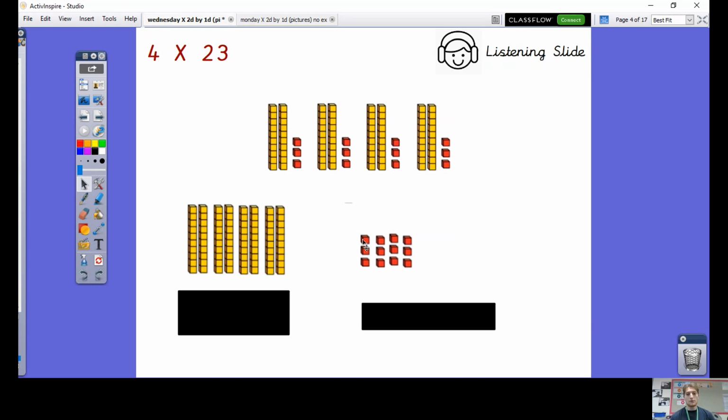I've got 1, 2, 3, 4, 5, 6, 7, 8, 9, 10, 11, 12 ones. Now, when we're exchanging, we always want our ones to be 9 or less. I know that we have more than 9 ones here, so we need to exchange 10 ones for 1 ten.